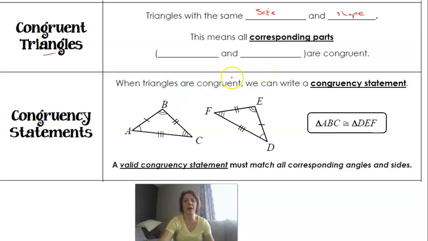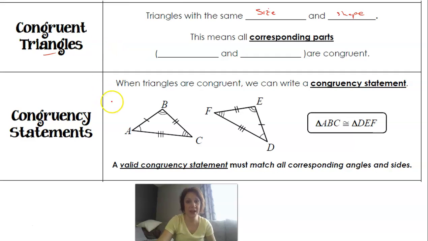This means that they have all these corresponding parts, right? In other words, there's going to be a part on this triangle that corresponds to the part over on this triangle, okay? And those are going to be congruent. In other words, when you make a copy and they're sitting right on top of each other, the parts that lay on top of each other, those are our corresponding parts.